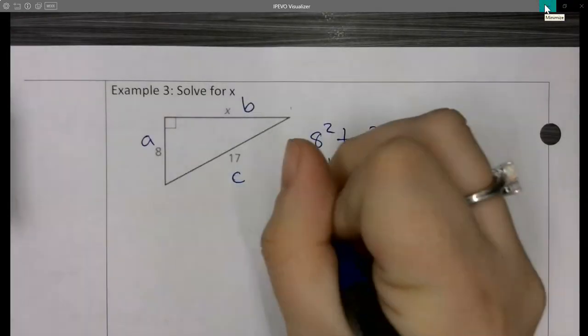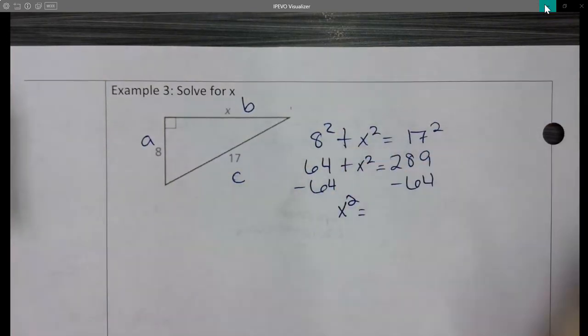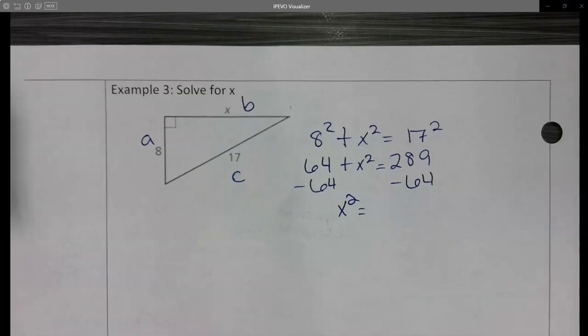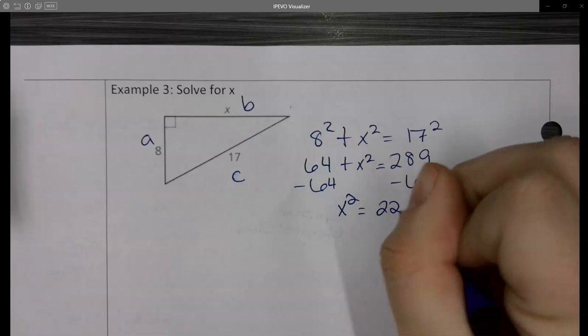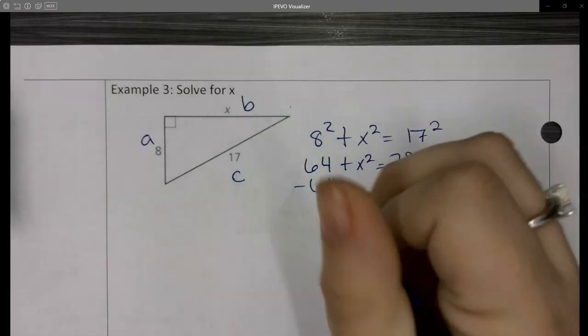Okay. Then I want to go ahead and subtract 64 on both sides. Does anyone have a number, or should I type it out in Desmos? 225. Okay, and then I want to go ahead and square root both sides.